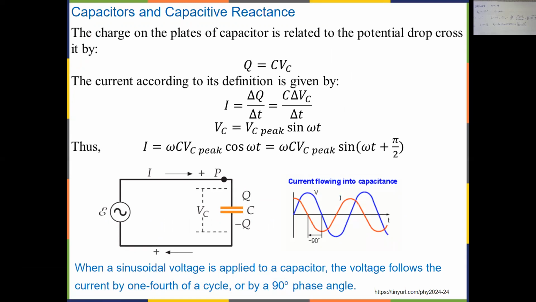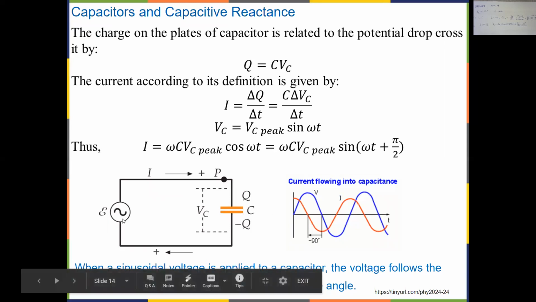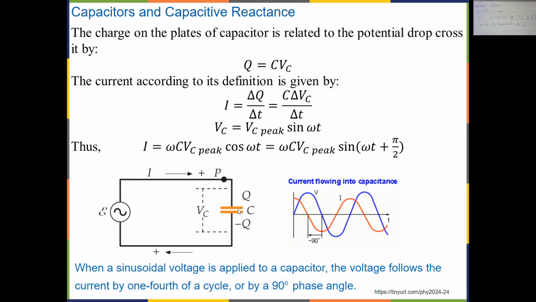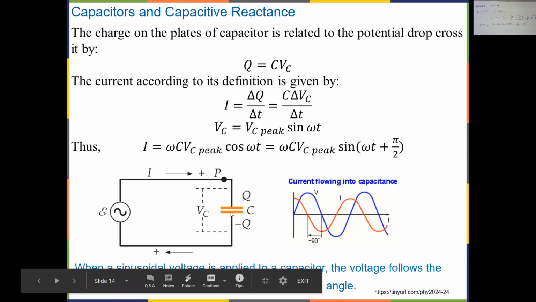Okay, so when you have a capacitor in an AC circuit, again, as you put the source onto the capacitor, the charge builds up slowly. And then when you reverse the voltage, the charge will be released out.